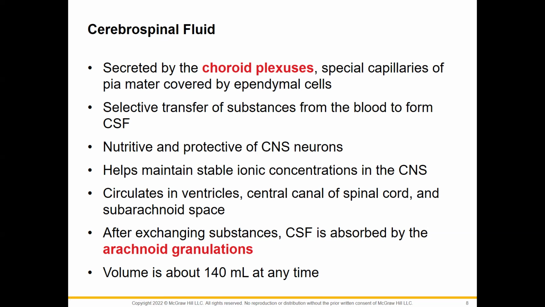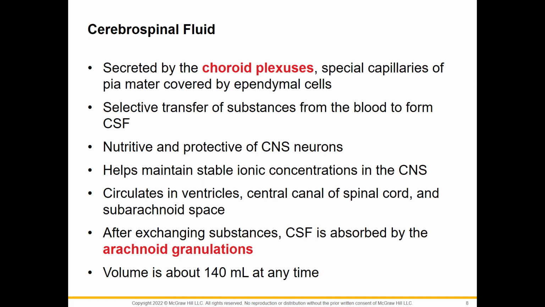Cerebrospinal fluid is basically a modified blood plasma. So these ependymal cells will take blood that's running through those vessels and pull some of the plasma out, but it filters it because it does not want everything that's in the blood to go into the brain.